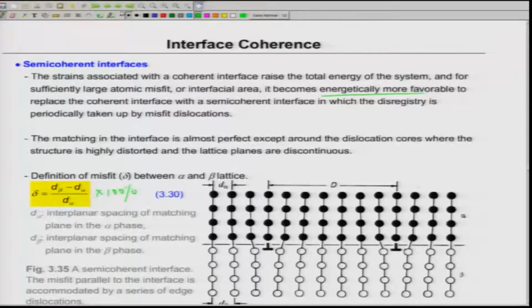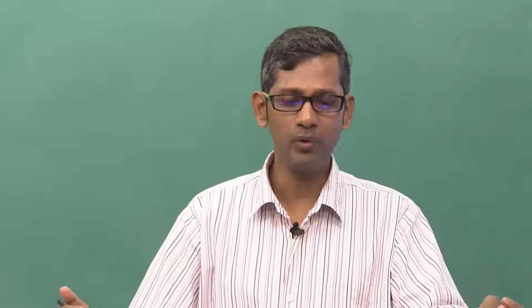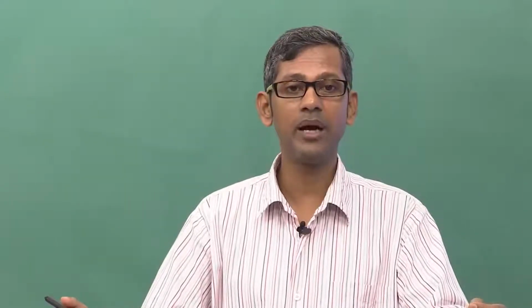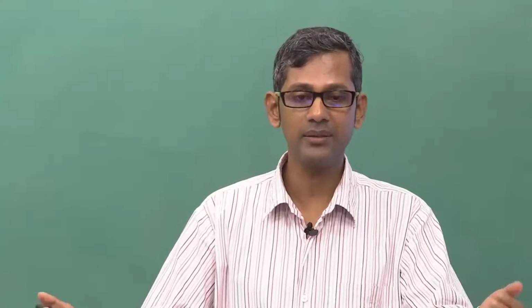Now, how does it affect the boundary energy? In one dimension, lattice misfit is completely accommodated without any long range strain field by a set of dislocations. This basically looks like a low angle grain boundary. There are a lot of dislocations, and the spacing between dislocations is defined by d beta by delta, where delta is the misfit.